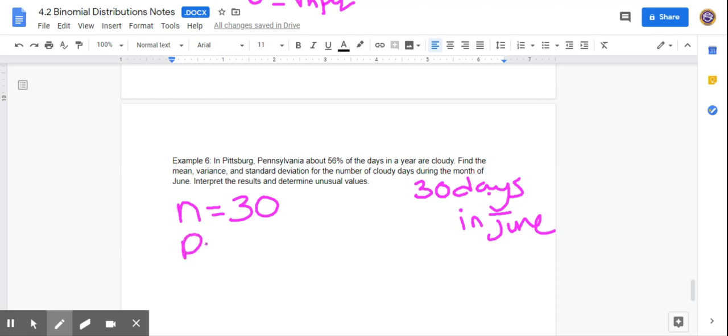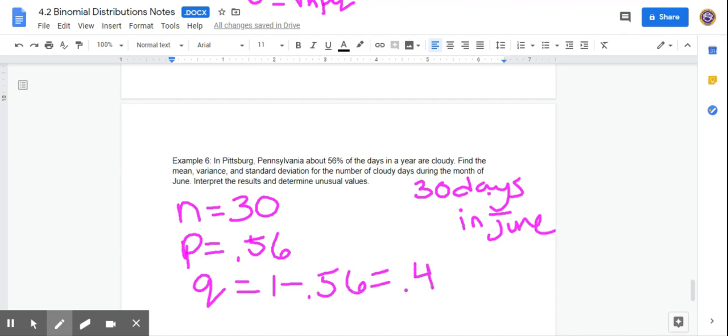So the probability that we are going to have cloudy days is 0.56. The probability we won't have cloudy days, which is q, that's 1 minus 0.56, which would be 0.44.